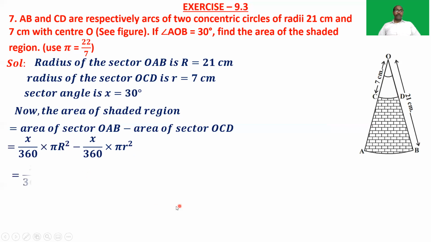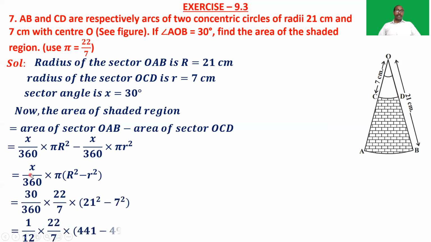Taking x by 360 into pi common, the factor is capital R square minus small r square. Now, by substituting the values, we get 30 by 360 into 22 by 7 into 21 square minus 7 square.